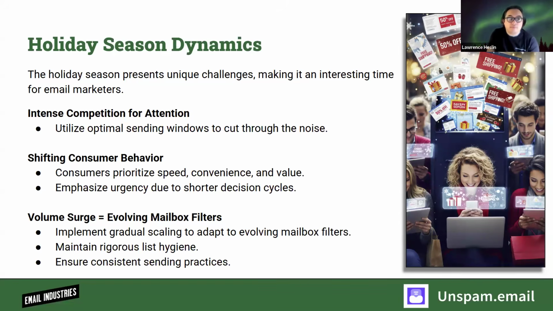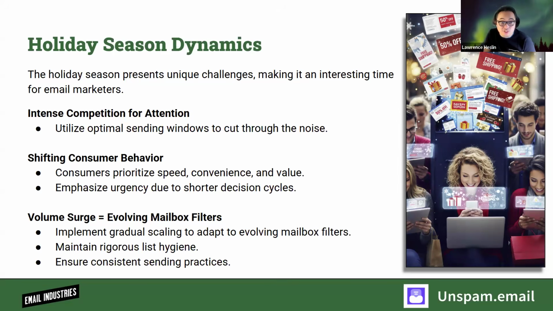And above all, as we've been alluding to in this, the volume surge means evolving mailbox filters and deliverability mattering more than ever. So ISPs are tightening during this peak season. Ensure you're following the best practices that we've been talking about today. Warm up your domain. Don't go from 0 to 100. Go from 0 to 10 and slowly make your way up.